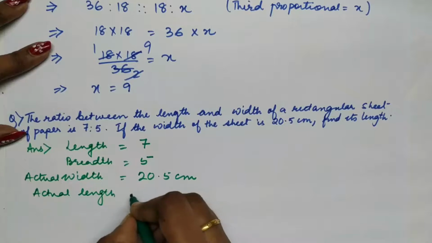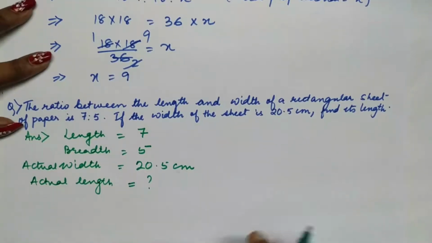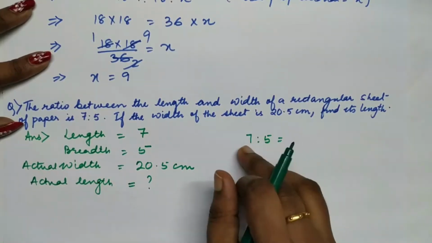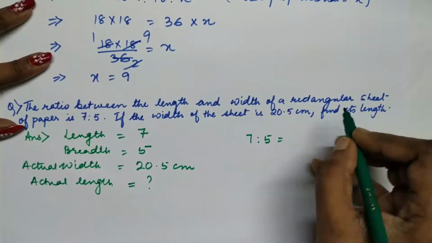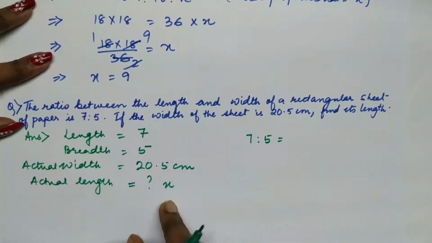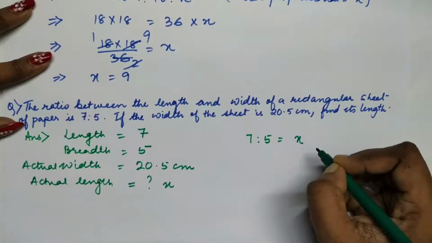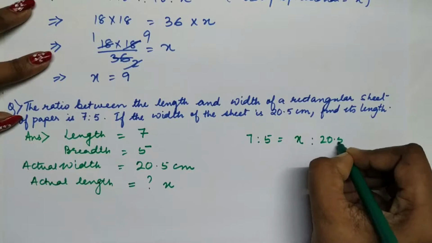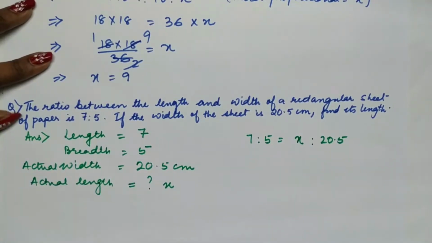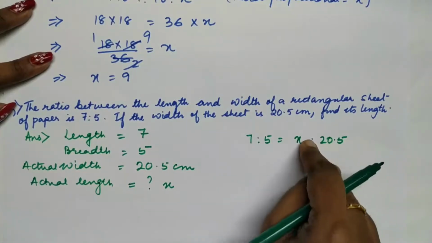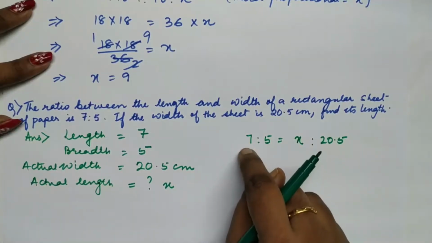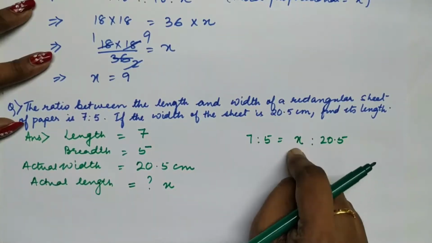Now you know that if I am writing the ratio 7:5, that means length is to width. I don't know the length, so let me assume the length to be x. When I write the proportion, I have to write x is to 20.5. I have to be very careful about the positioning of x. As I am writing the first quantity 7 as a length, I have to also write the first quantity x.